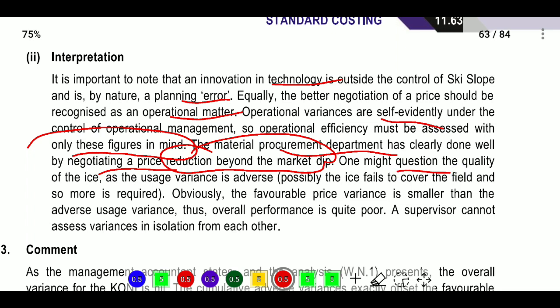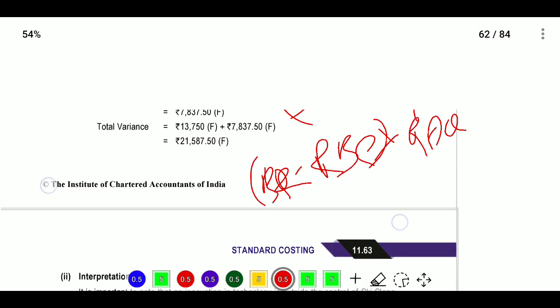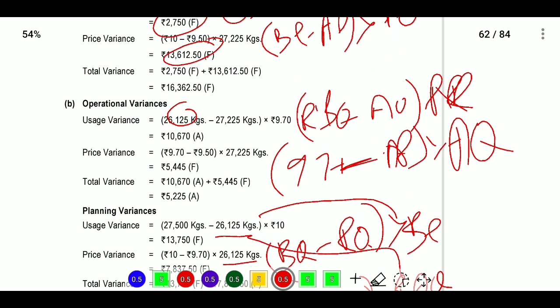One might question the quality of the material, that is the usage variance is adverse, where it is possible that it fails to cover the yield. So here we have an adverse variance, so it is an operational variance.